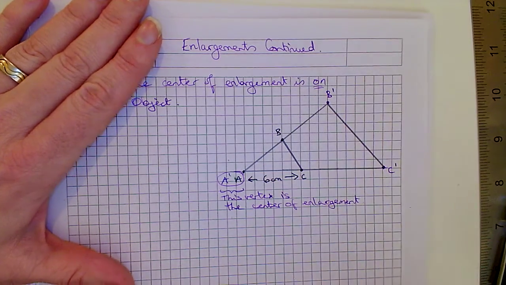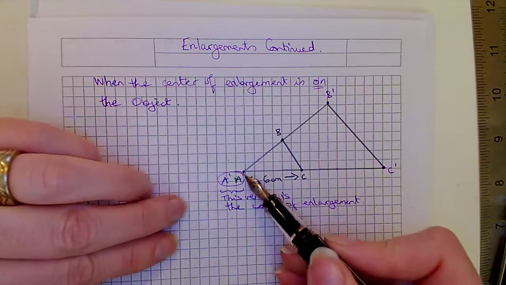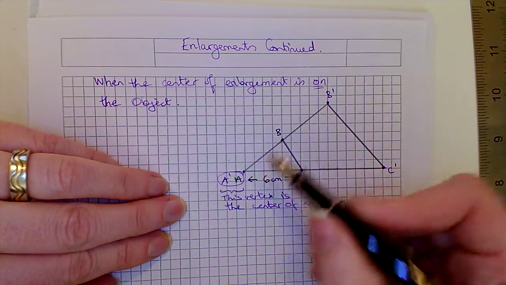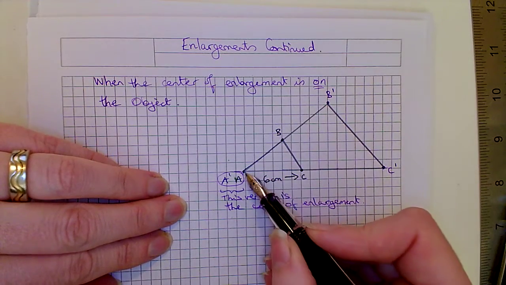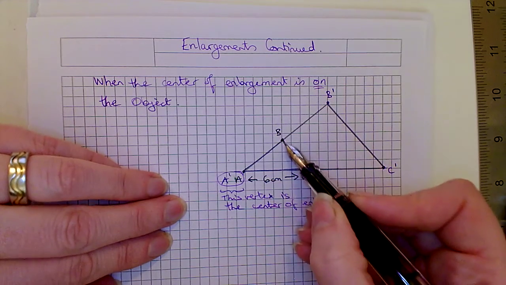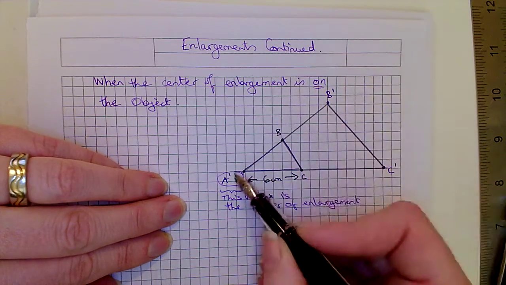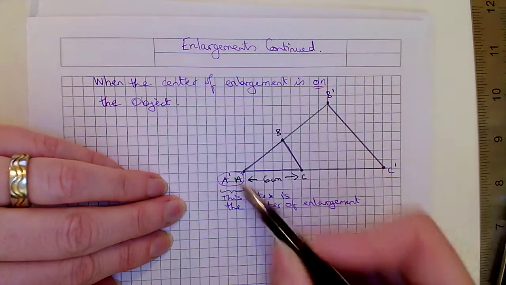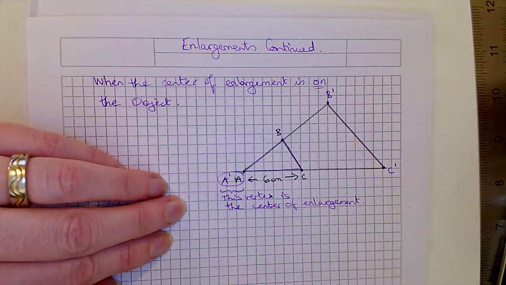And what you can see is that when one of the points that are on the original shape is used as our center of enlargement, then the image will contain the object.